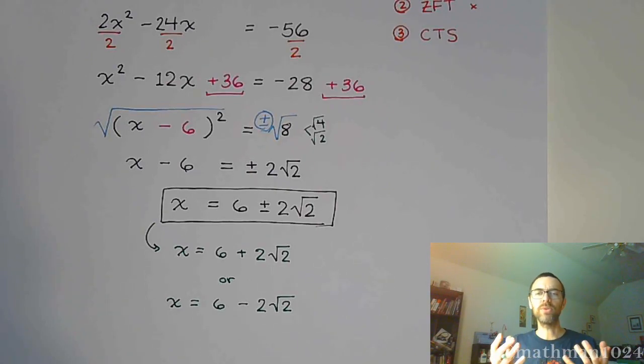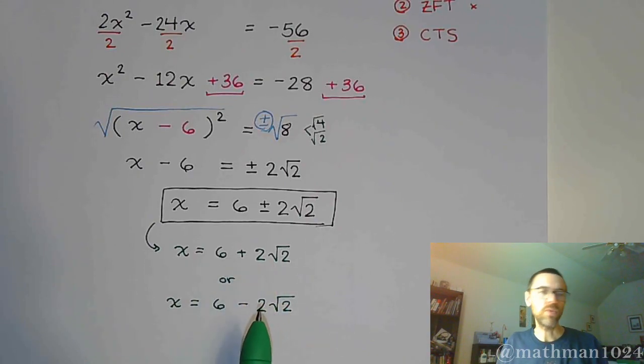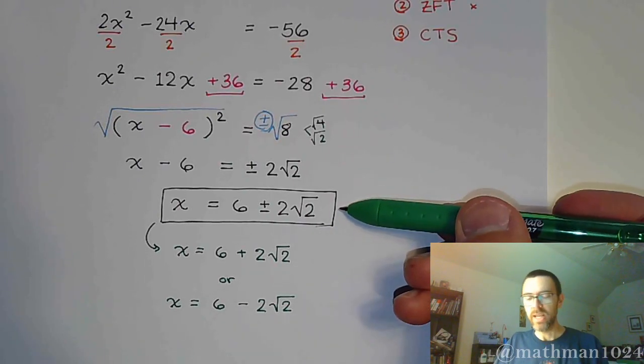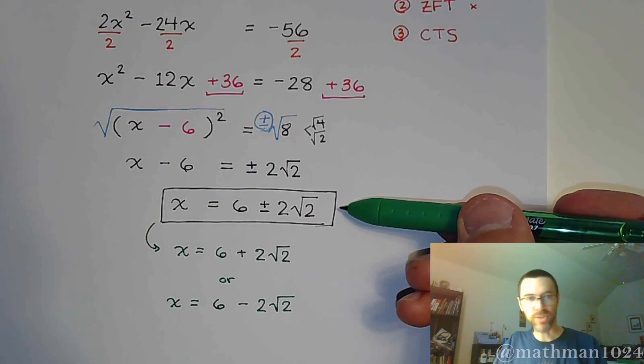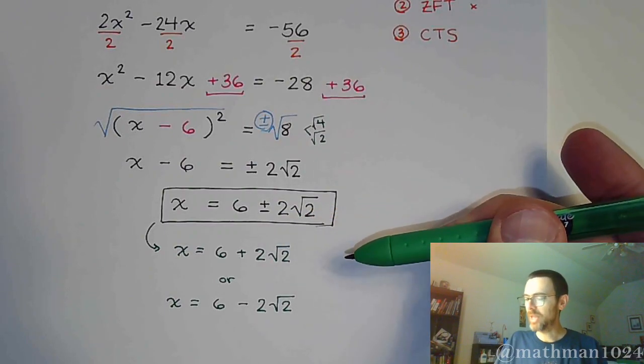But even if I separate those guys, there's not anything else I can do. The 6 cannot combine with that irrational square root, so it just stays as it is. So leaving it like this is perfectly fine. And if you're doing this in my math lab, you know that that's going to be an okay response, as long as they give you the option of doing plus or minus. Okay.